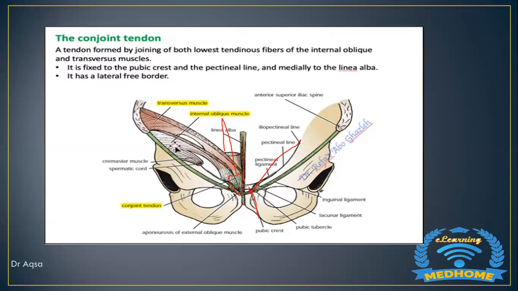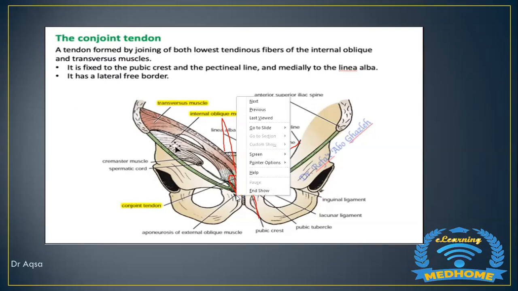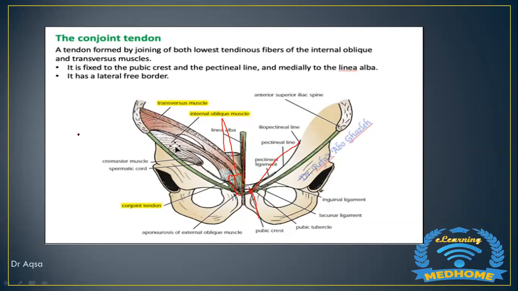However, laterally it does not have anything, so laterally it is free. It has a free border. So the conjoined tendon is basically a tendon formed by the lowermost fibers of the internal oblique and transverse muscle.